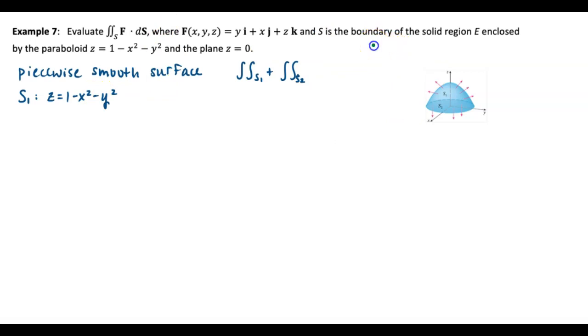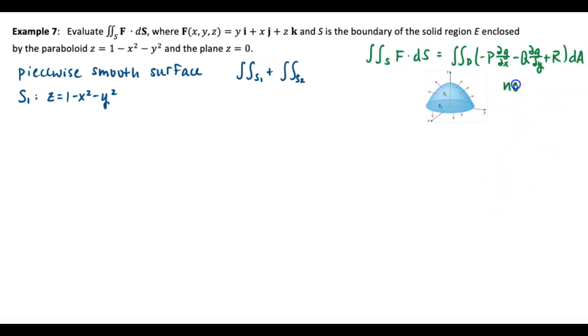This formula states that we can simplify this double integral over the surface of the dot product of F and dS to be equal to the double integral over the domain of negative P times the partial of g with respect to x, minus Q times the partial of g with respect to y, plus R, over that area.